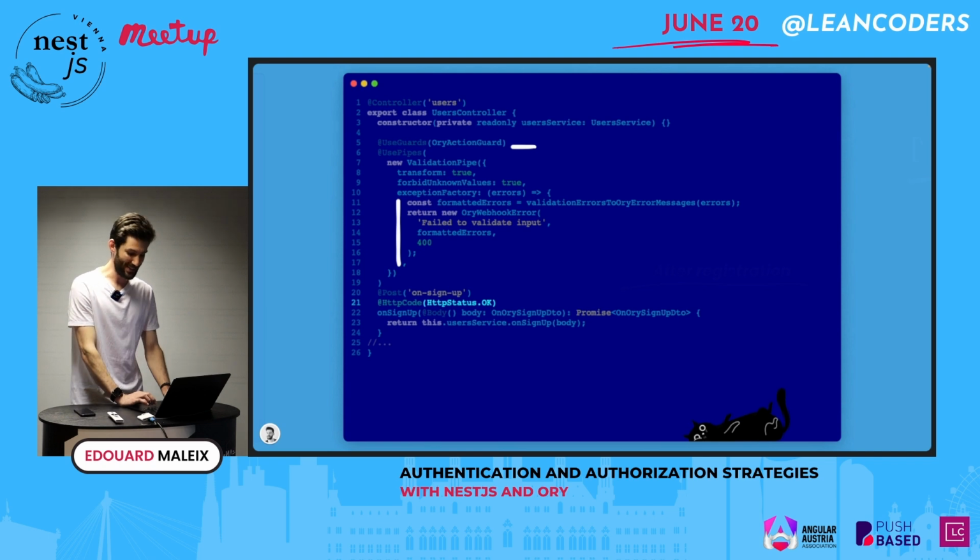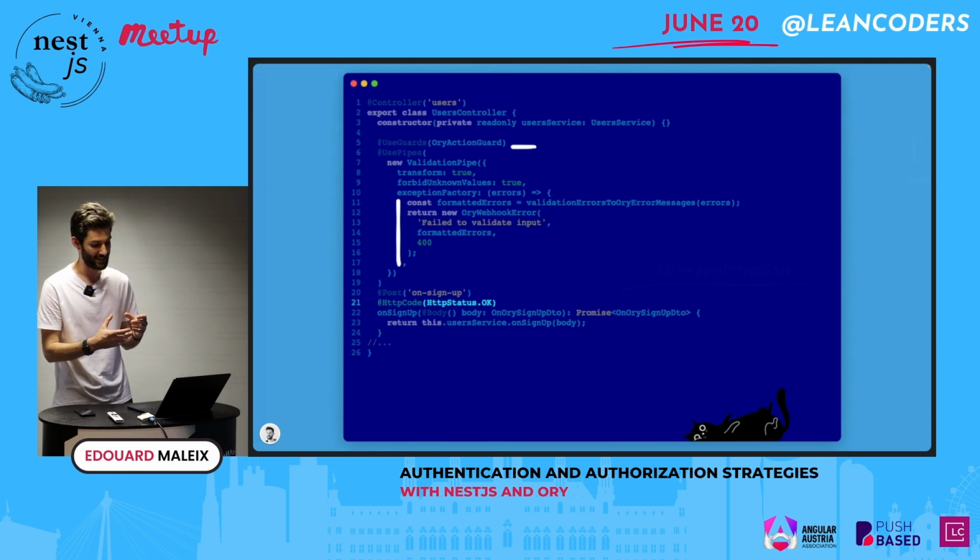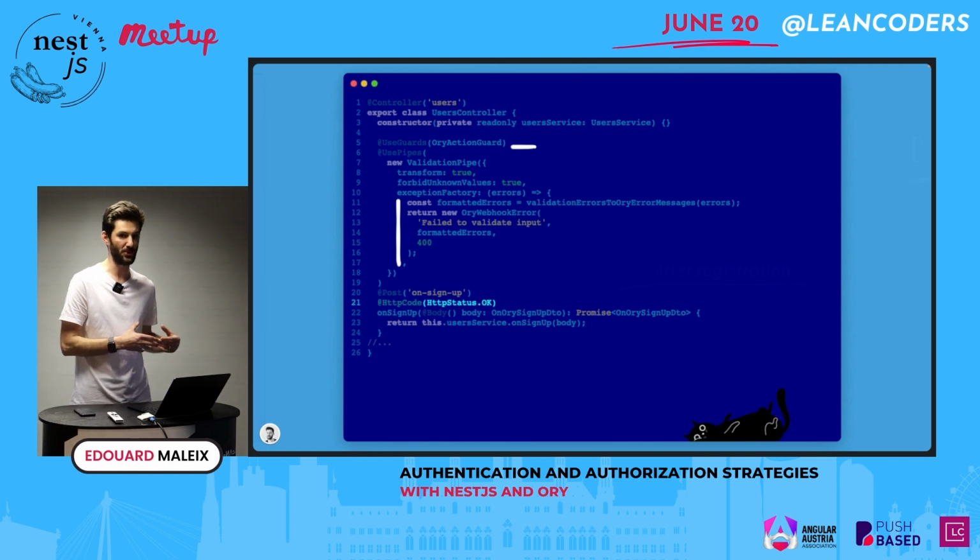And very importantly, we set the correct HTTP status code. If we want to be able to mutate the identity sent by OI to create a binding between our user and OI identity, we need OI to accept that mutation. So we need to set the HTTP status to 200.